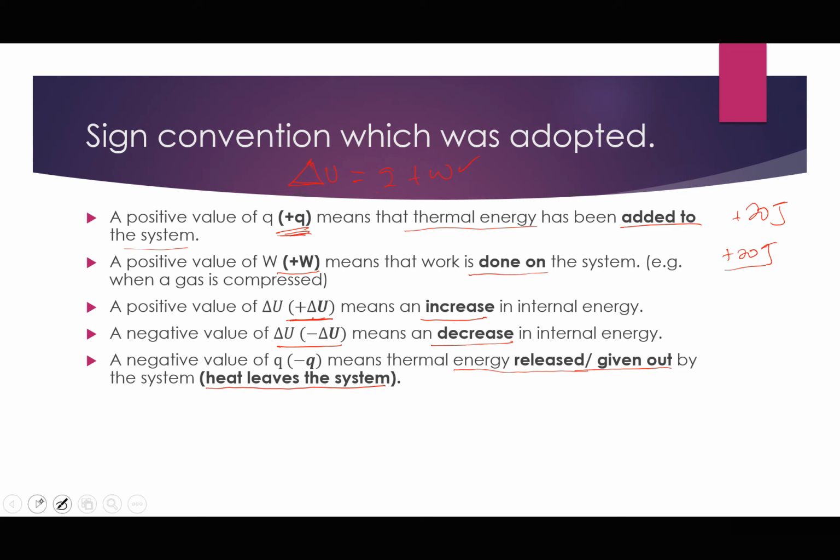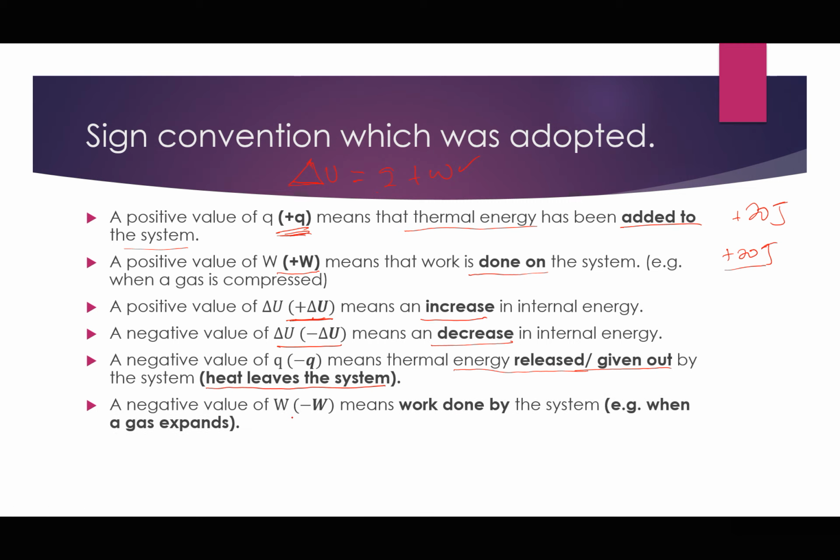And lastly, a negative value of W means the work is done by the system. That is especially when the system expands. So if I say the system expands, it means the work done by the system must be assigned a negative value.